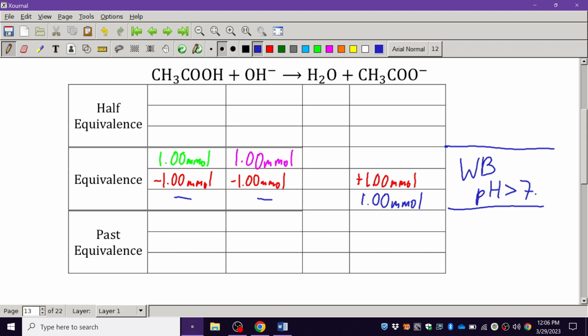So there's a primary difference between the two types of titrations. In a strong acid, strong base titration, you have a neutral pH at equivalence. In this scenario, you have a weak base. Okay, now let's step back. If we start with 1 millimole of weak acid, to reach half equivalence, we're going to add exactly half as much hydroxide ion.